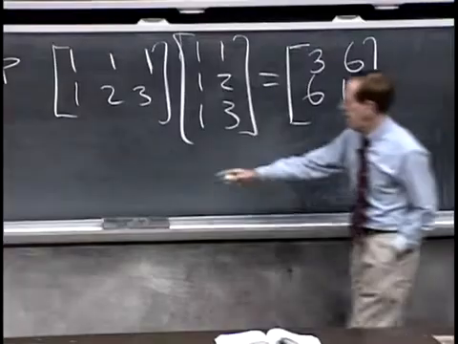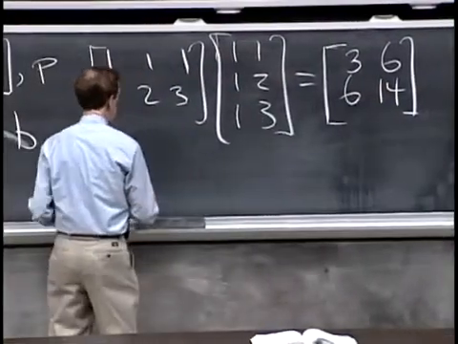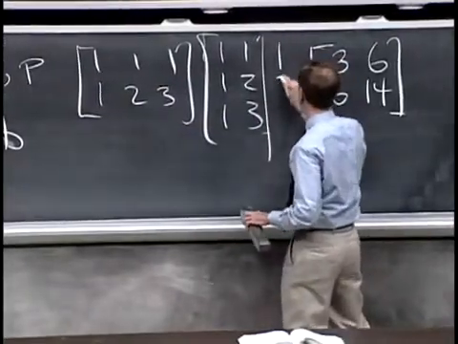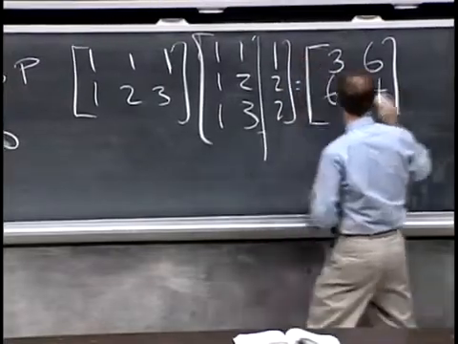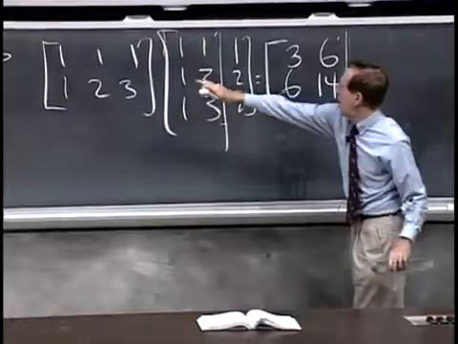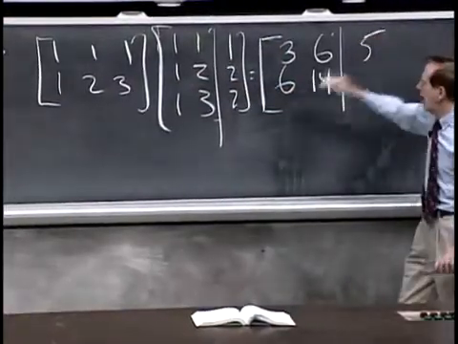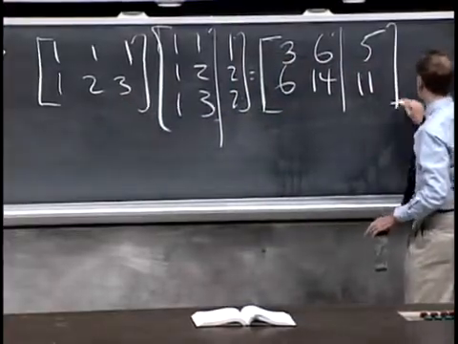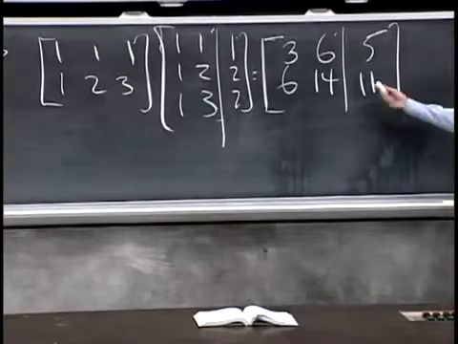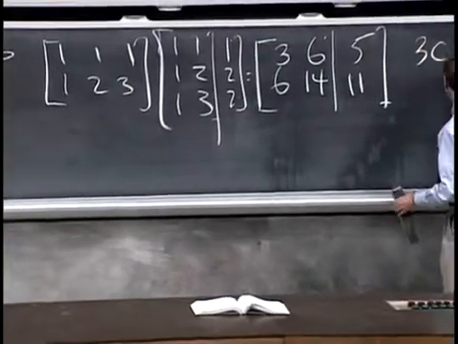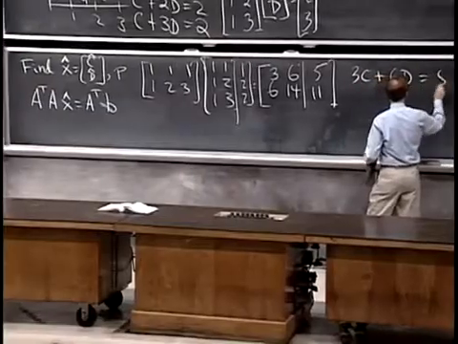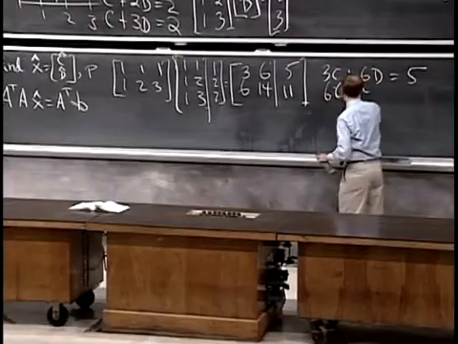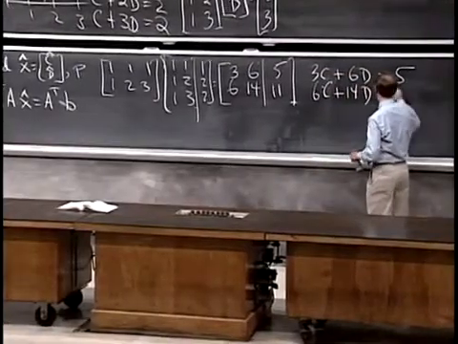Okay, and now let me figure A transpose B. So can I tack on B as an extra column here? 1, 2, 2. And A transpose B looks like 5 and 11. So I think my equations are 3C plus 6D equals 5, and 6C plus 14D is 11.